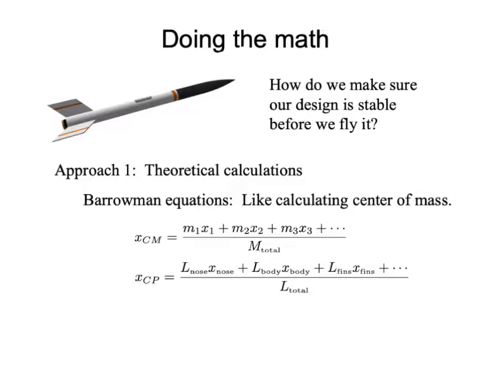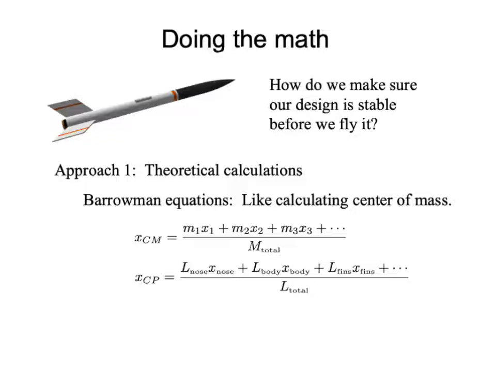Now, the nicest, easiest way to understand that is to use something called the Barrowman equations. These were devised by James Barrowman, who was a graduate student in aerospace engineering back in the 1960s. And he said you could calculate the center of pressure of a rocket like calculating the center of mass of the rocket.